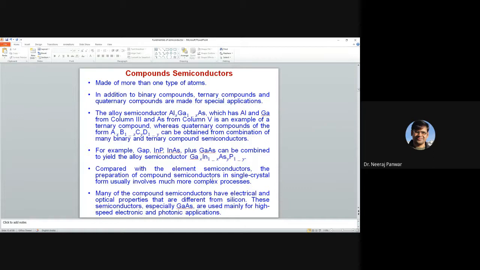Compared with the elemental semiconductors, the preparation of compound semiconductors in the form of single crystals involves very complex processes. It is not very easy to grow, even binary semiconductors. Gallium arsenide, gallium nitride, gallium phosphide, all these are useful semiconductors, and molecular beam epitaxy is a technique that is used to grow all these semiconductors in very pure form, so that they don't have any other impurities.